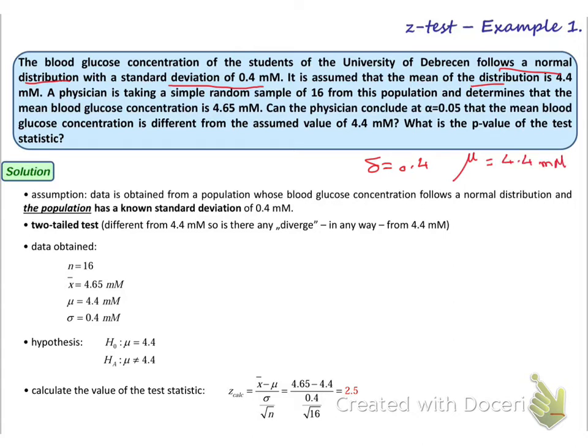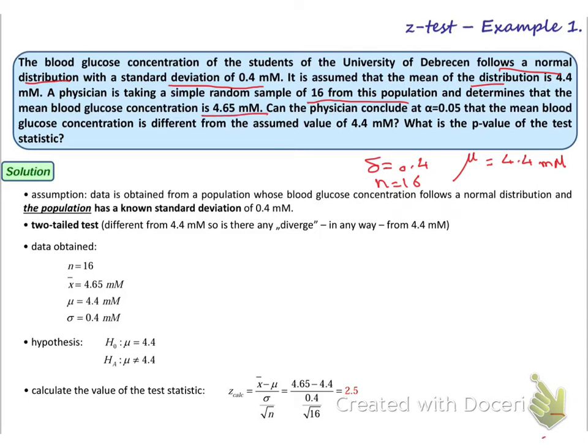mmol/L. A physician is taking a simple random sample of 16 from this population. So n equals 16. He has taken a sample of 16 and determined based on this sample that the mean blood glucose concentration is 4.65.